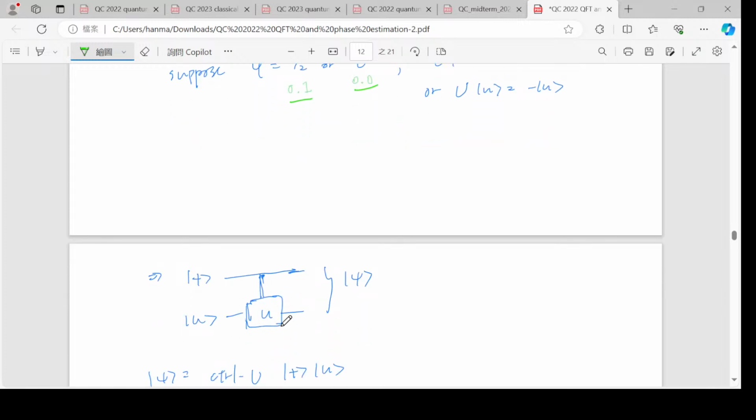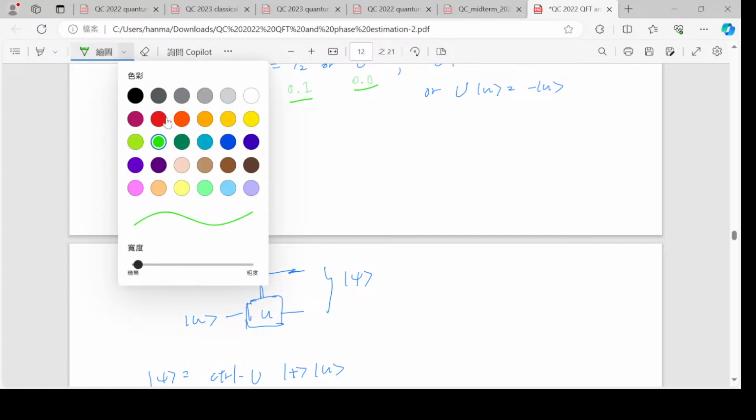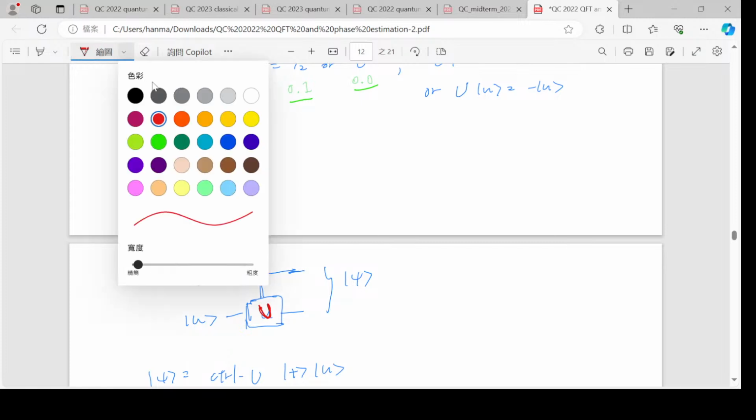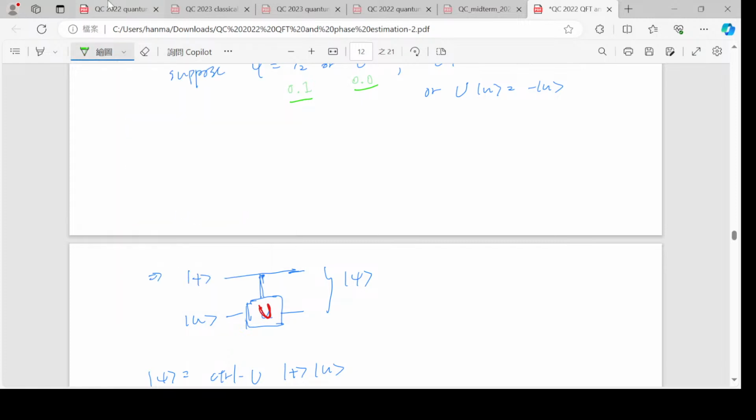Then you either do your big U here or you don't. Okay. So big U here, and then you see what's the output.